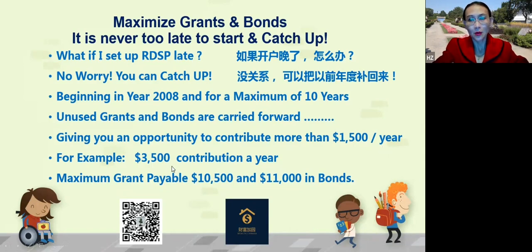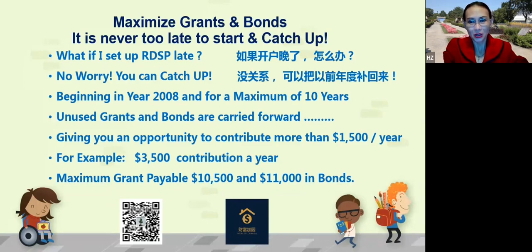And most RDSP clients recently received a letter from the government reminding them that in their RDSP account, they have contribution room, and how they can maximize the government grants. I would say the government is really helping vulnerable people, right?